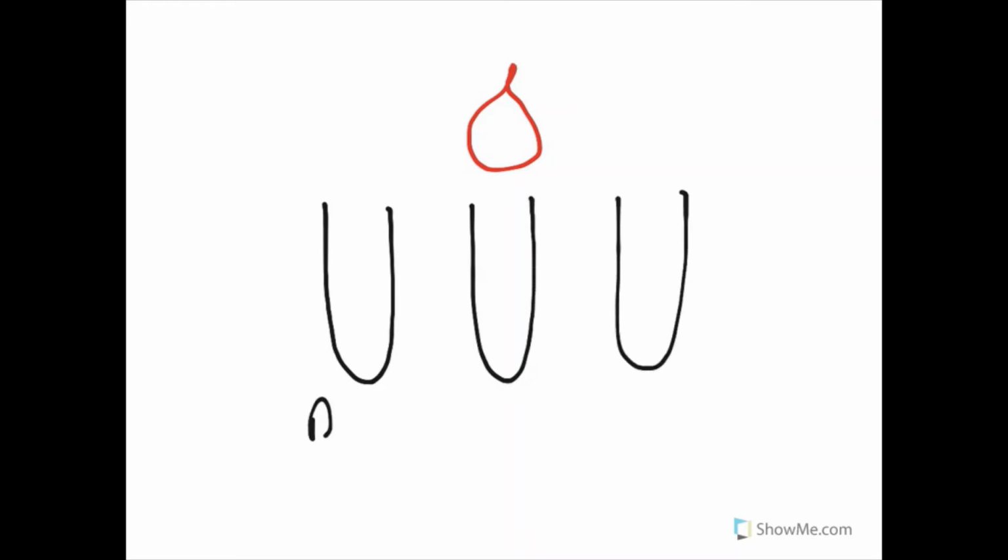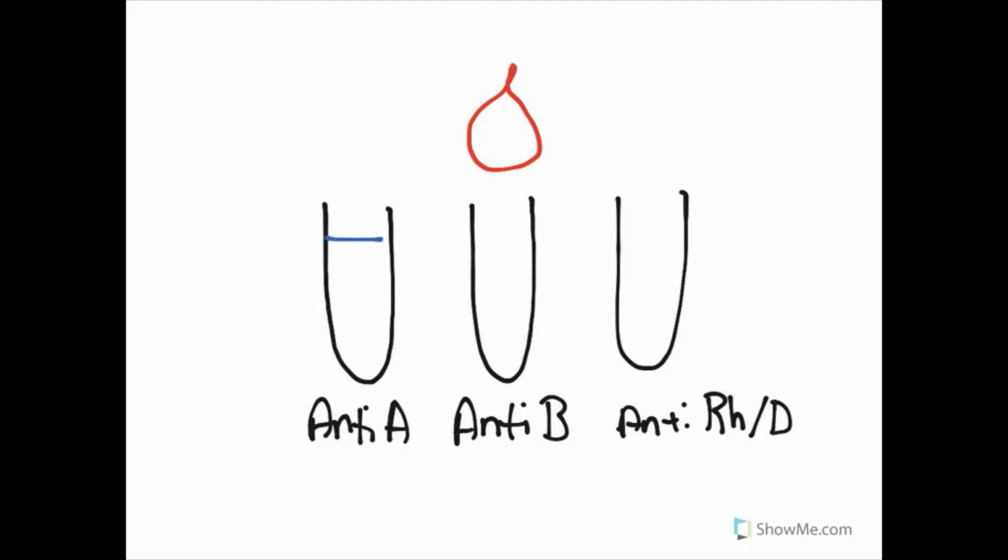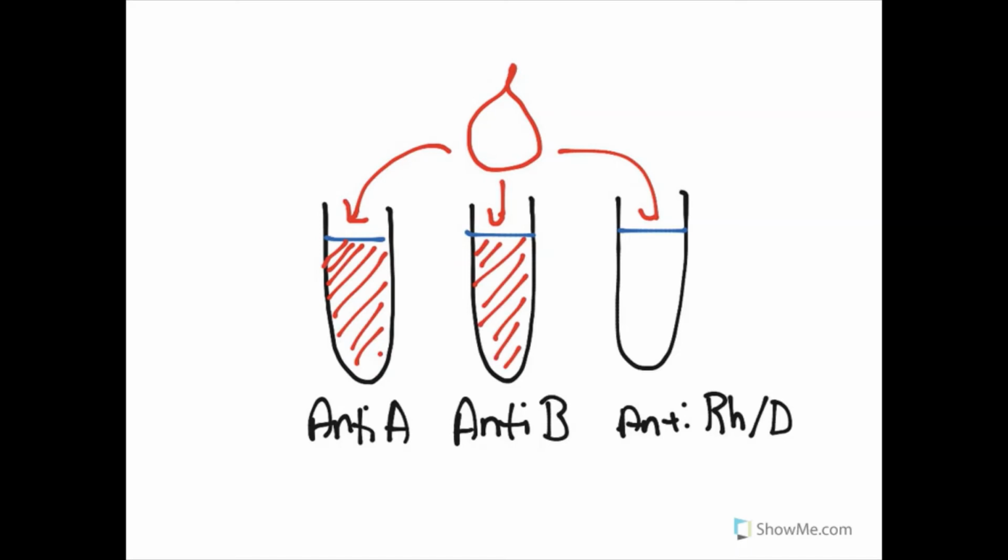And remember, we have our anti-A, anti-B, and anti-RH or D. And these liquids here, these solutions that have that antibody in it, and we add it to each one of them, and all we get is a nice mix in them all. These are blood cells that have no antigens whatsoever, so it's O negative blood, universal donor.